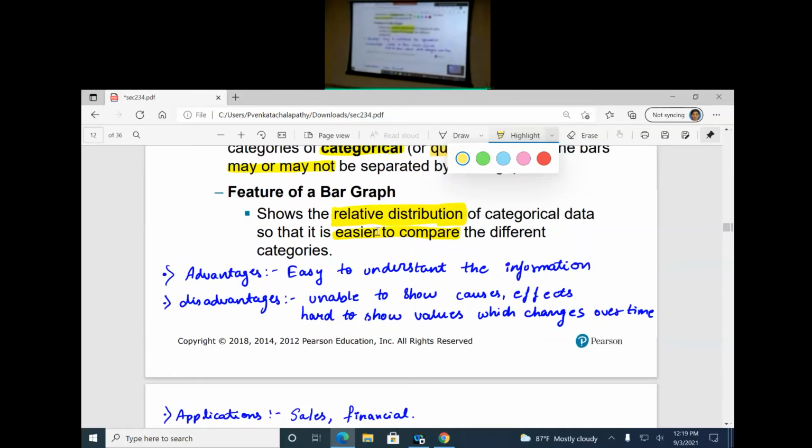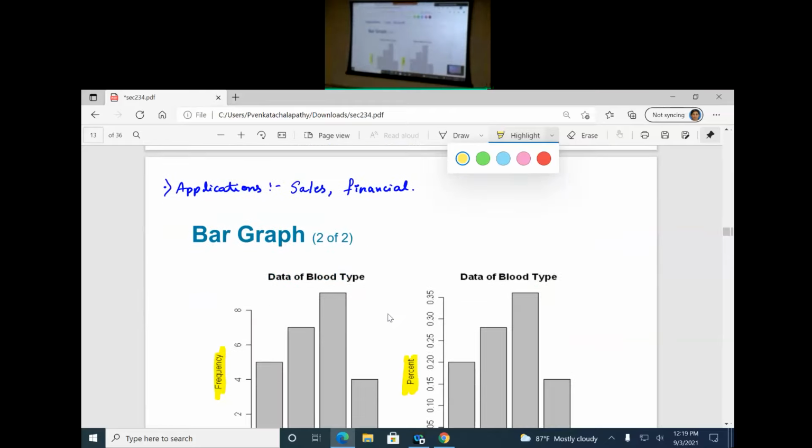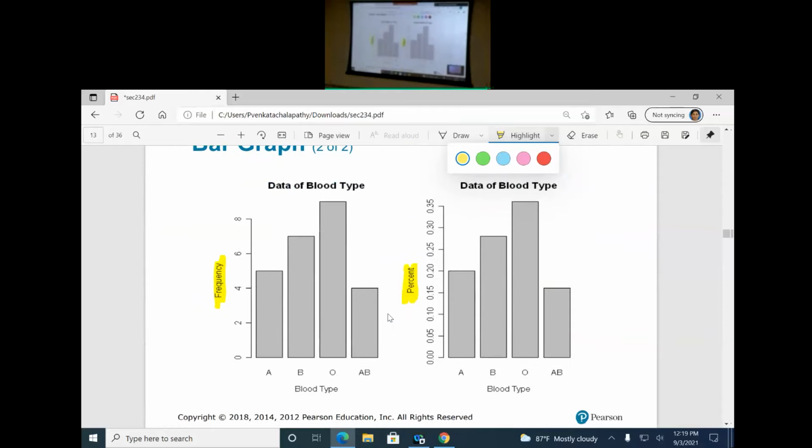And one more advantage is that it is easier to compare with different categories and it shows the relative distribution of categorical data. So this is how the bar graph looks like. Now you can also construct this using the frequency number and you can also construct the bar graph using percentile.